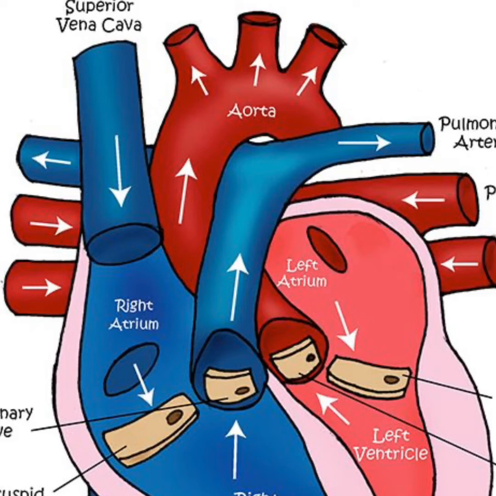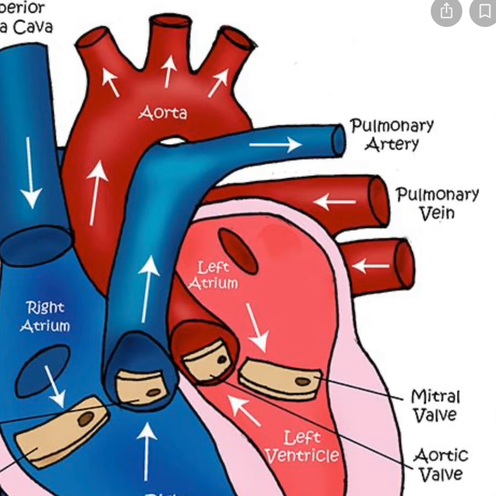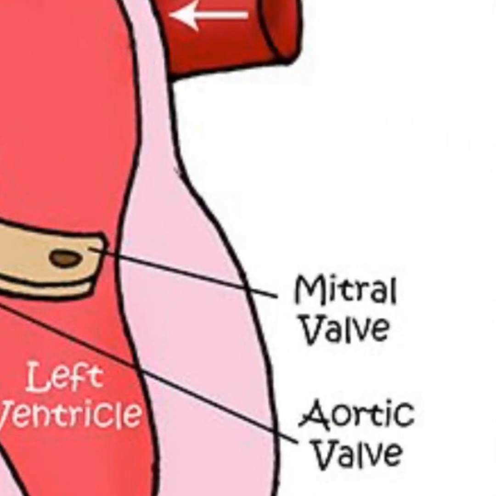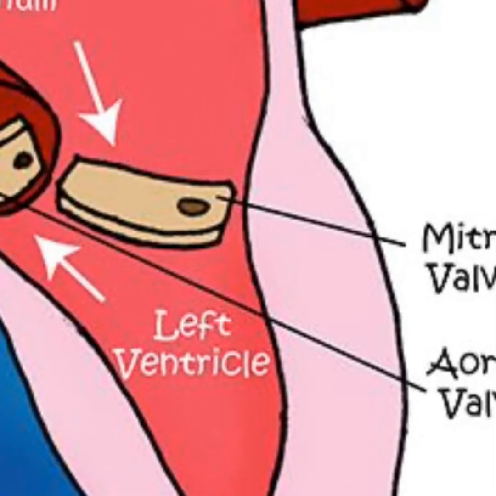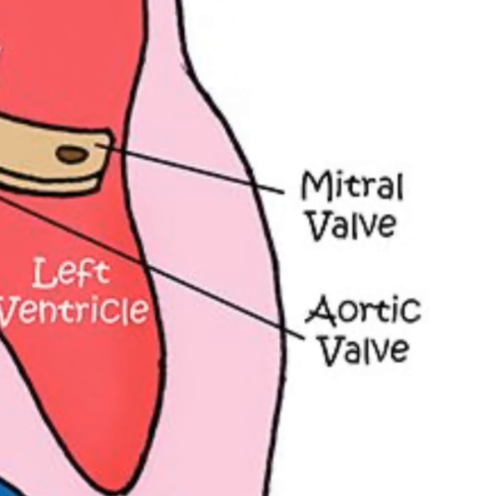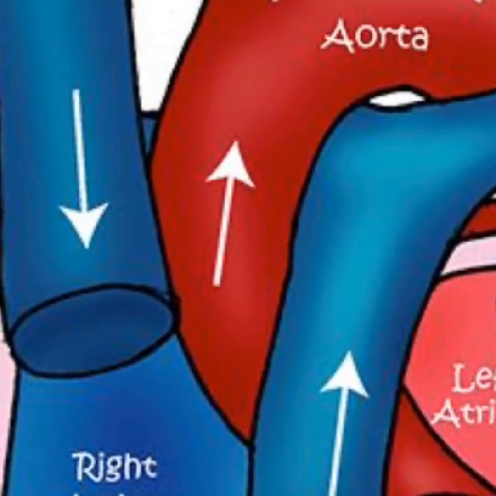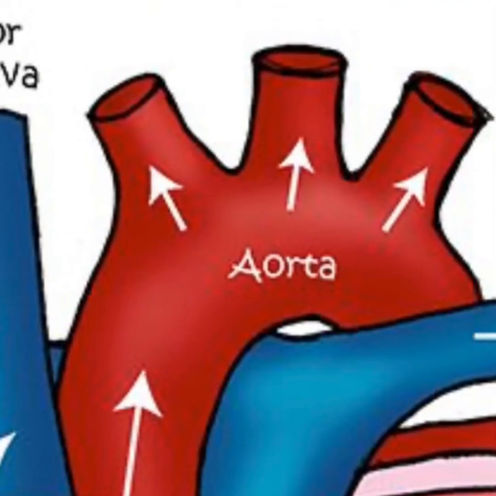With all the oxygen in our lungs, the deoxygenated blood becomes oxygenated, and then it comes back through the pulmonary vein into the left atrium, which is the third chamber, and then the mitral valve opens and lets the blood flow into the left ventricle. Then the aortic valve opens and lets the blood flow into the aorta, which sends the oxygenated blood into our body.